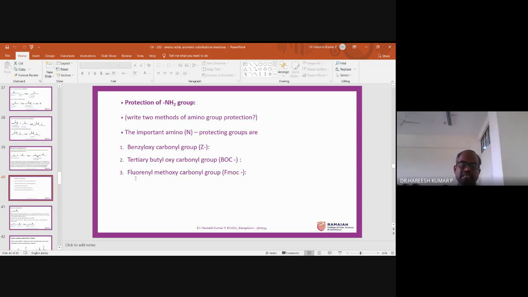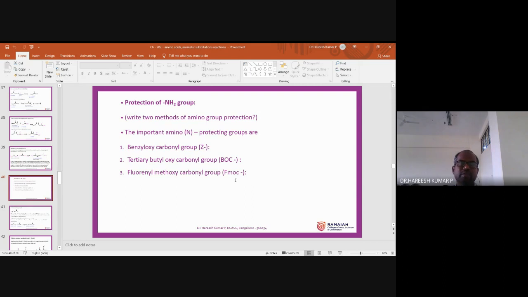That compound is called the fluorene compound. But I will tell you what the fluorenyl methoxycarbonyl group is. It's called Fmoc. So with this, we will go one by one.